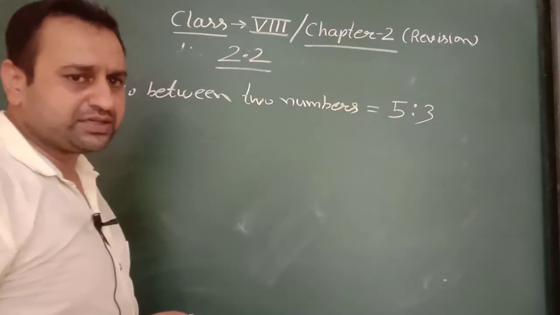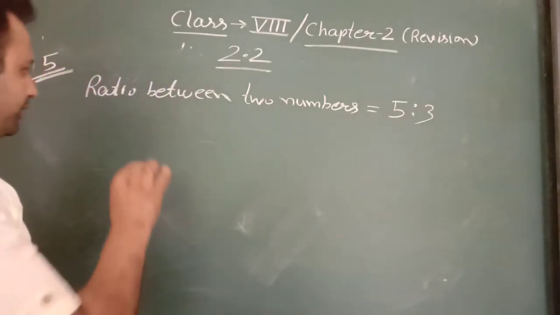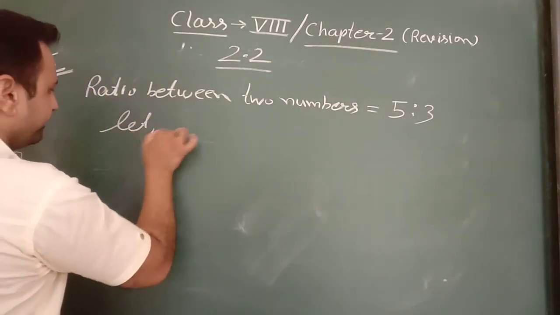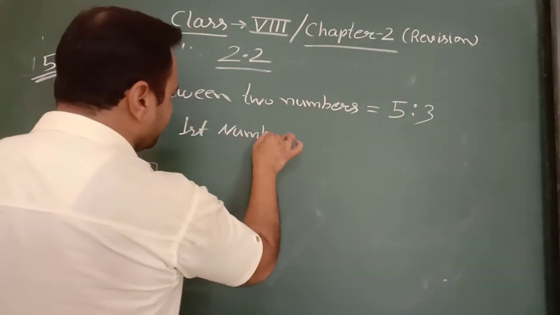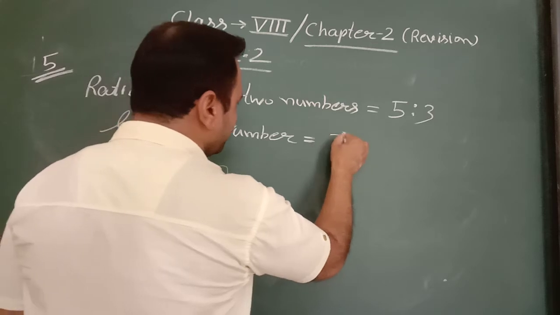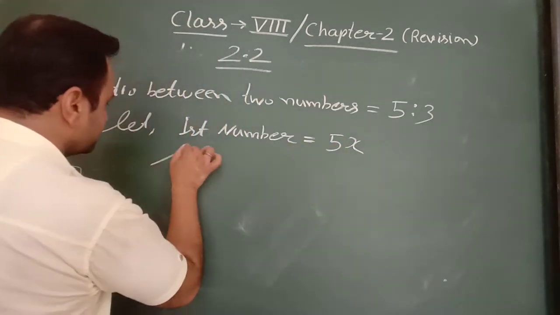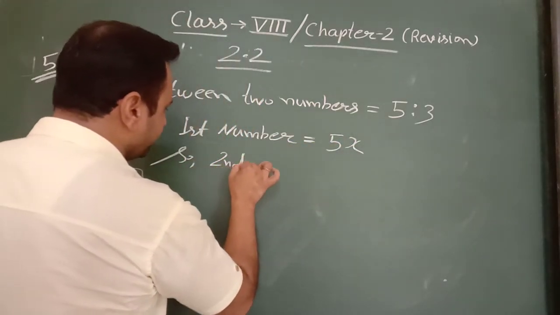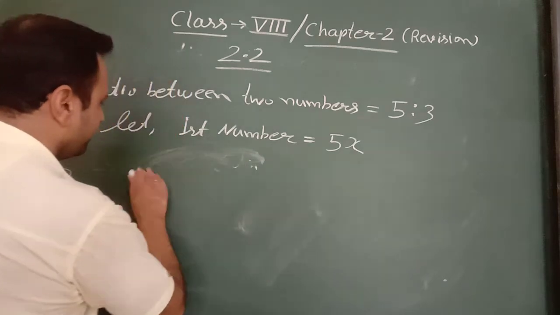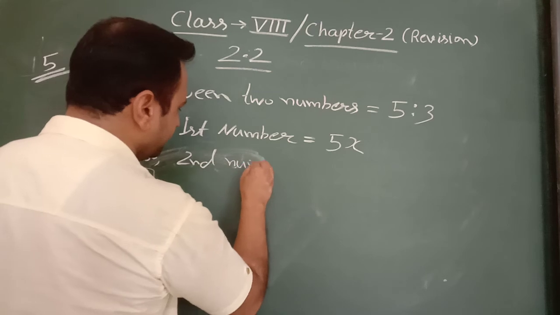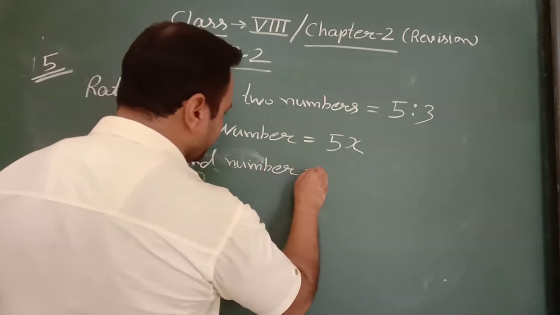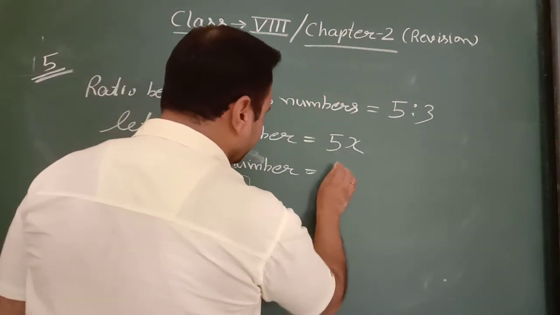And to remove the sign of ratio we use only one variable and we let first number is equal to 5x. So second number is equal to 3x.